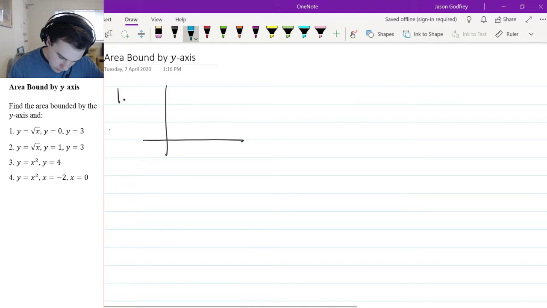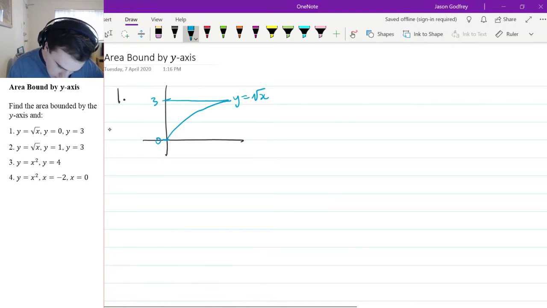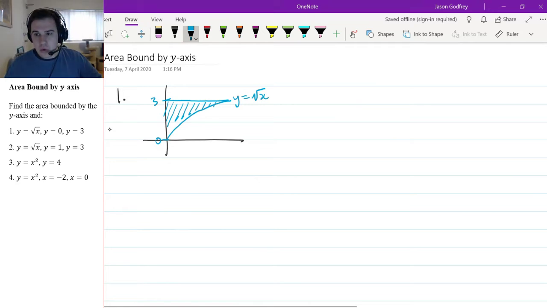So the graph of root x, if you remember, looks like this. And we're looking from y equals 0 up to y equals 3, and we're not going to go past the y-axis, we're looking for this area here.